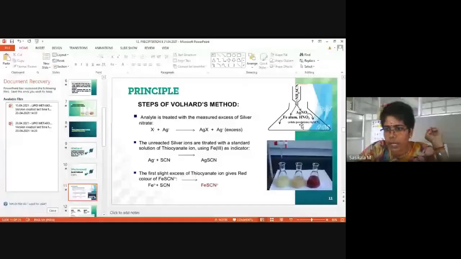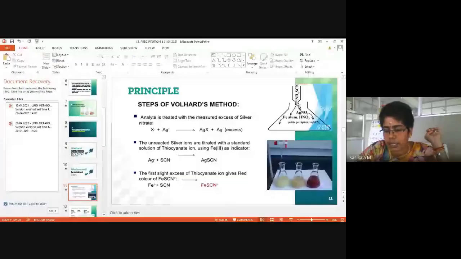After discussing the principle, why we are adding this nitric acid and what is the importance of nitric acid in Volhardt's method, we'll also be discussing. So in acidic media, you have to remember the reaction occurs where excess silver nitrate will be titrated with ammonium thiocyanate to form silver thiocyanate.